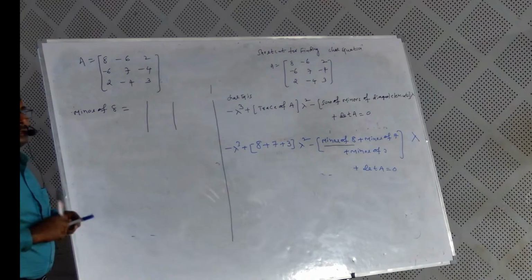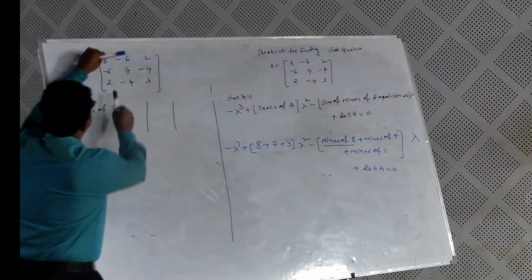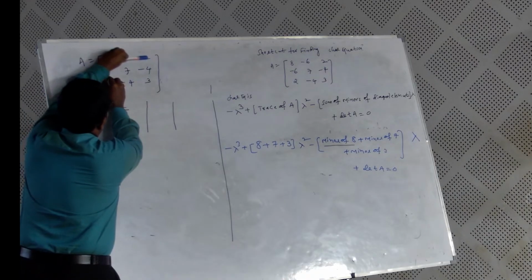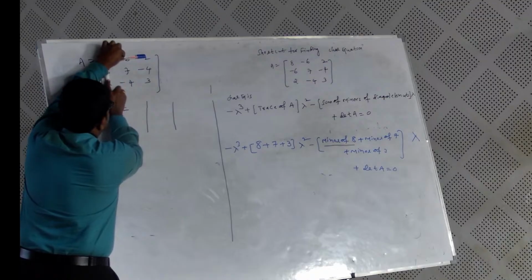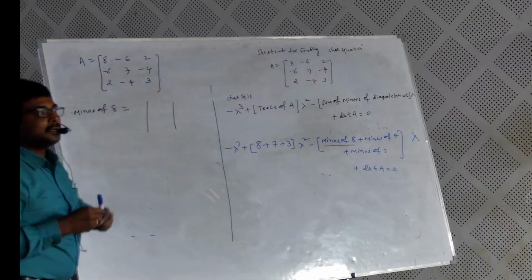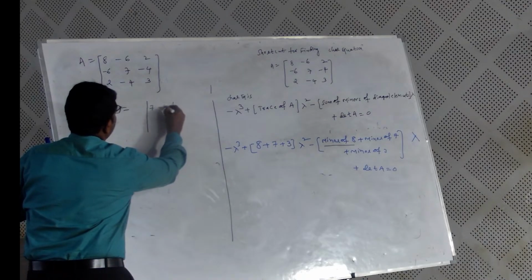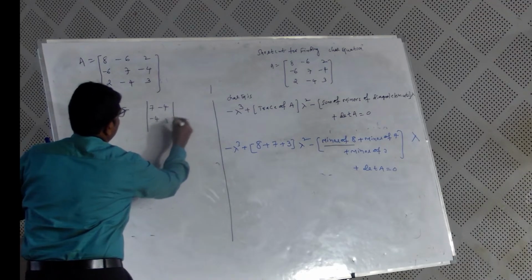In which column? Delete the row and column. What are you observing now? 7 minus 4, minus 4 3. That's it. You have to neglect the row and column in which 8 is present.